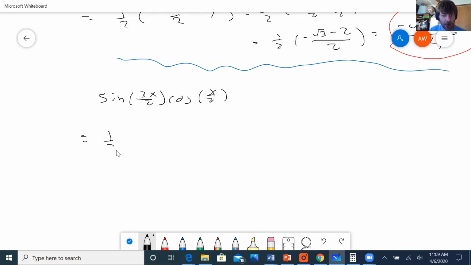So I've got 1/2 times sine of a plus b, which is 3x over 2 plus x over 2, plus sine of a minus b.